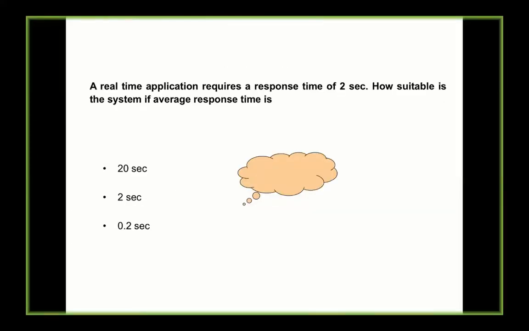The question goes to you all. Assume that I am a real-time application, and you guys are a real-time system. If your average response time is 20 seconds, 2 seconds, and 0.2 seconds, how suitable are you for me? What do you guys think?